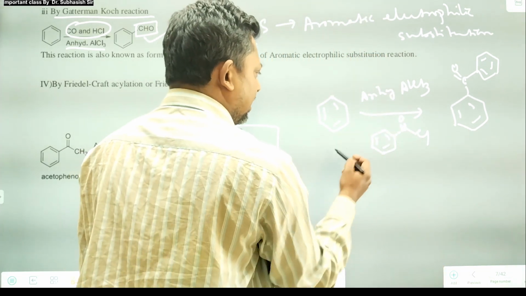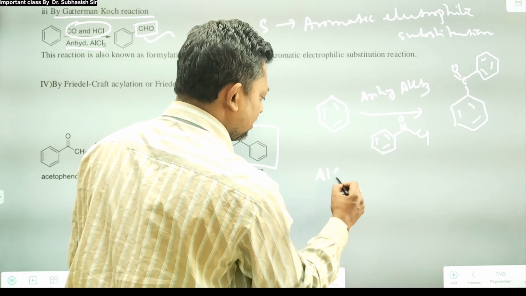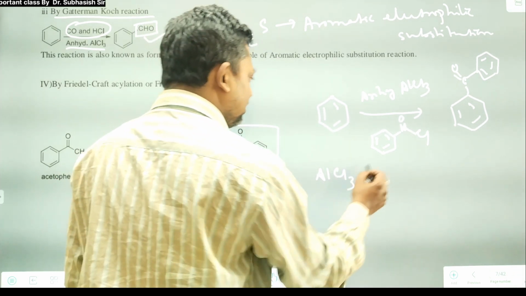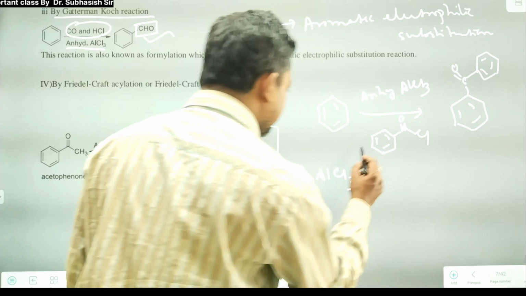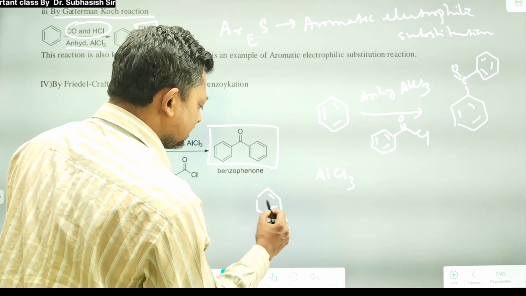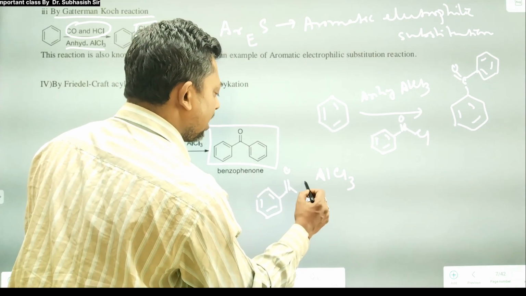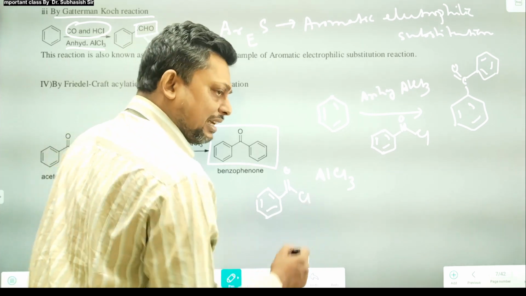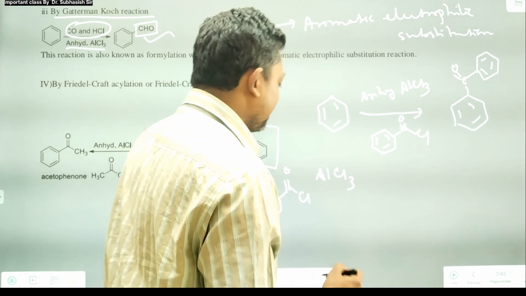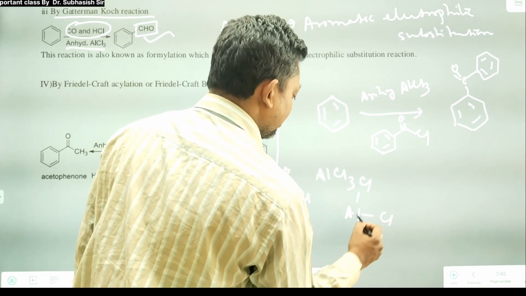Now I will discuss this reaction, how this electrophile is generated. Now we can write like this. This is called benzoyl chloride. Now this aluminum chloride is an electron deficient compound because it contains how many electrons? 6 electrons.